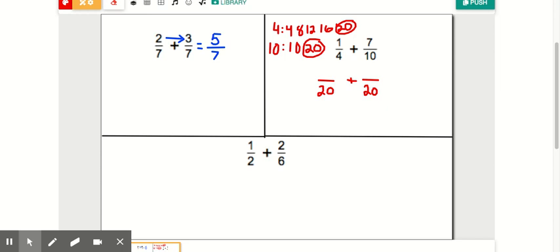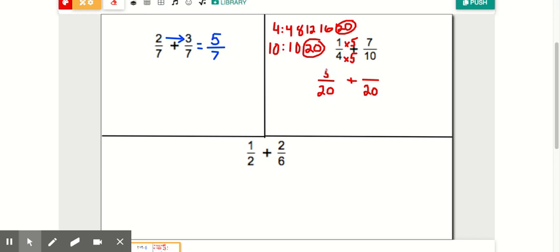Okay, but now what do I have to do? I have to ask myself, how did I change 4 into 20? Well, I did 4 times 5. So whatever I do on the bottom, I'm going to have to do that same thing up on the top, right? 4 times 5 is 20. 1 times 5 is 5.